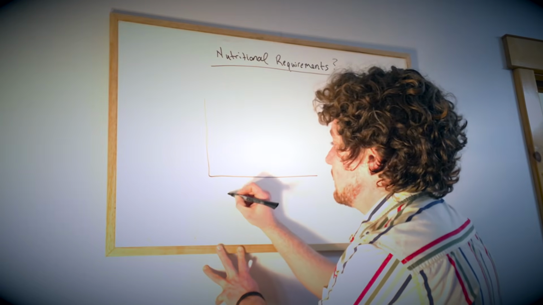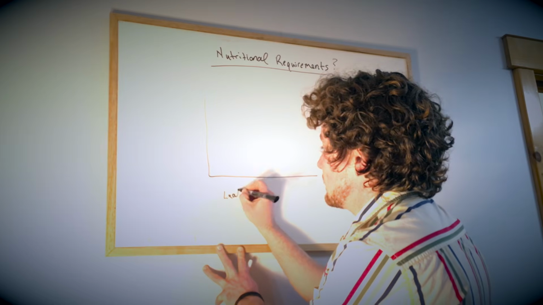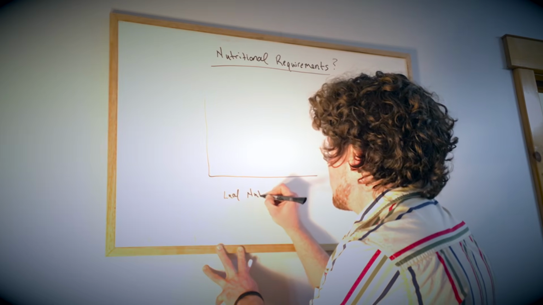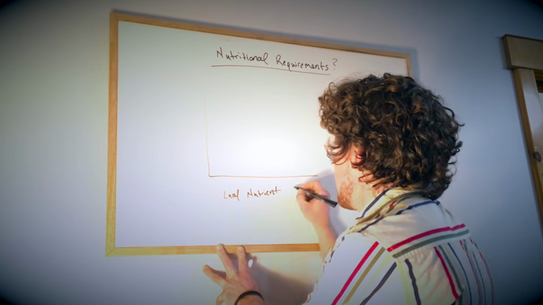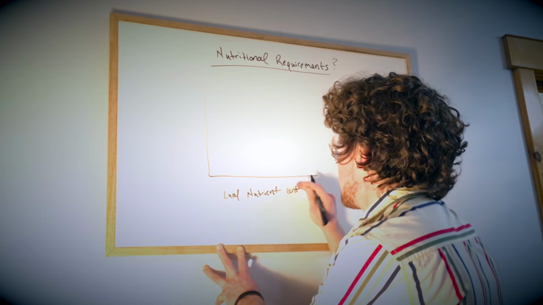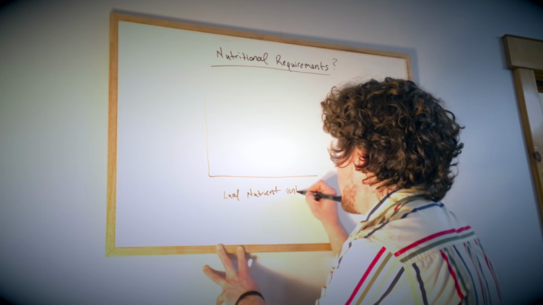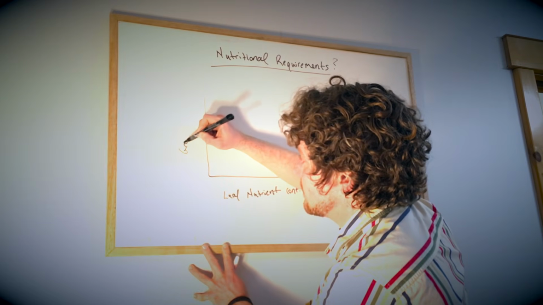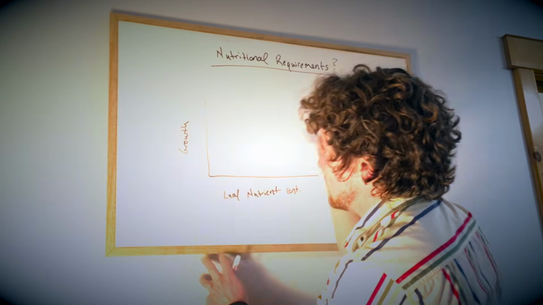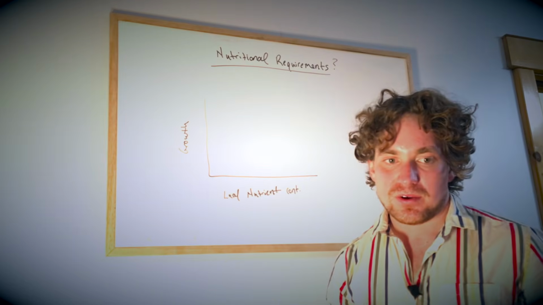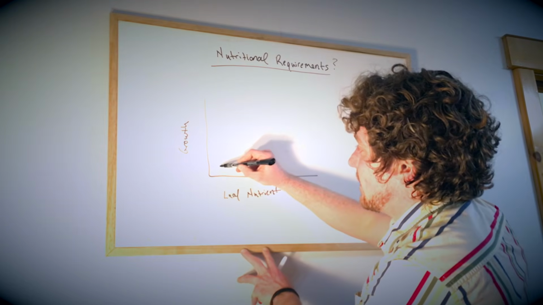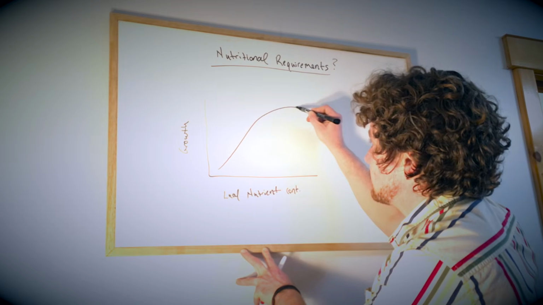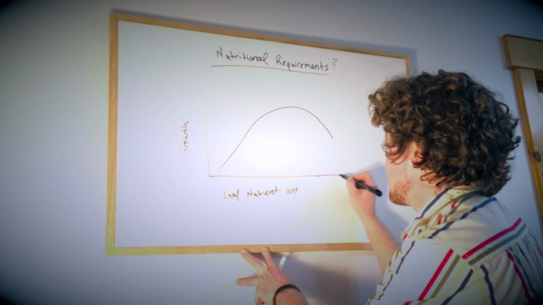So if this is leaf nutrient concentration, and then we have growth, so any growth metric up here. What we have is a unimodal relationship that looks like this.